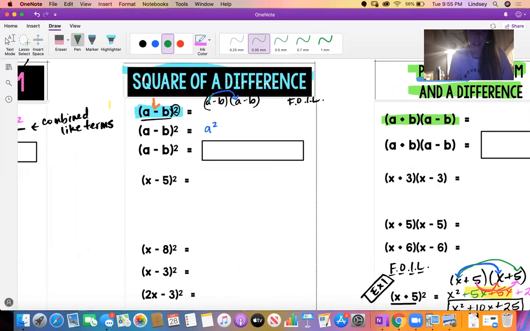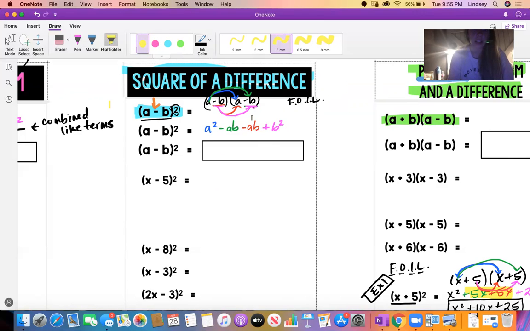Outer, a times a negative b is going to be a negative ab. All right, then I have inner. I have a negative b times a positive a, which is going to again be a negative ab. And then I have last, which is negative b times a negative b, which is going to be a positive b squared.